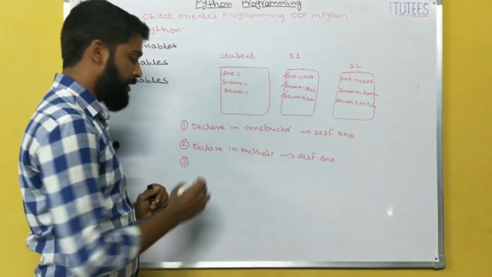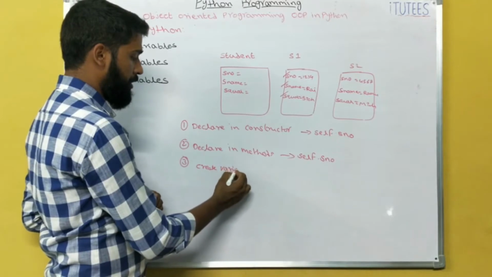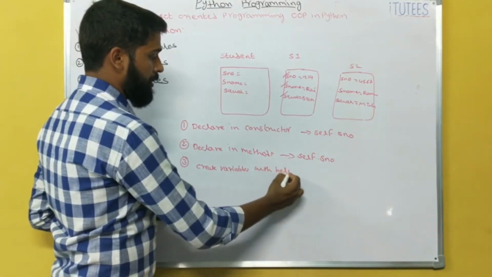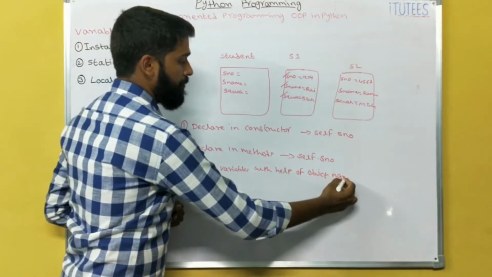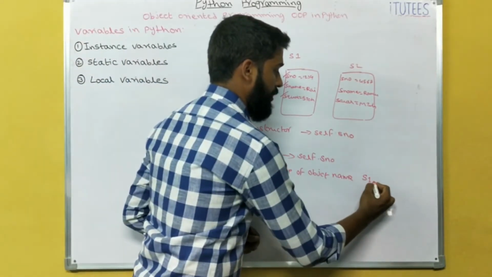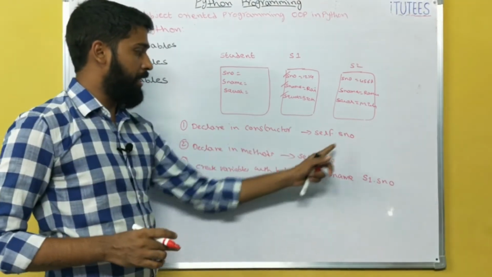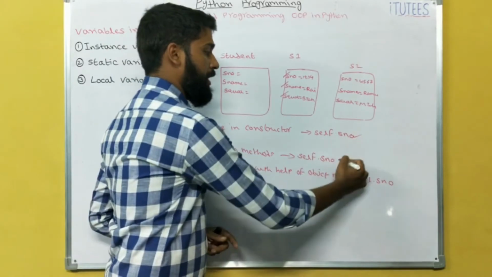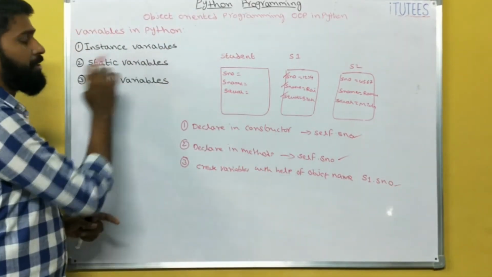Third, create variables with the help of the object name. What is the object name here? S1. S1 dot snumber. If you create a variable like this, then this variable is an instance variable.